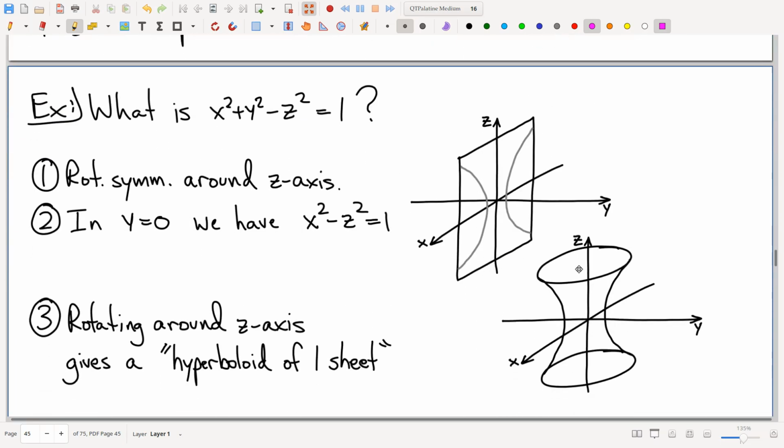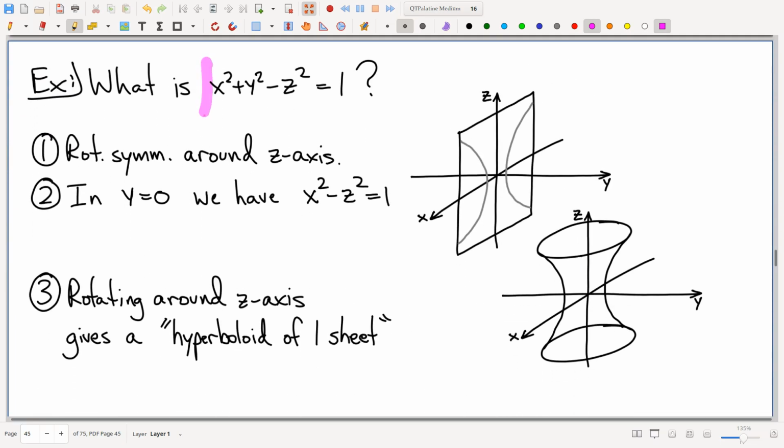Let's see another example. Here's one. Ooh, weird. What is that thing? Well, again, x and y in the proper form. This is rotationally symmetric around the z-axis. Again, pick your favorite plane containing the z-axis. Doesn't matter.